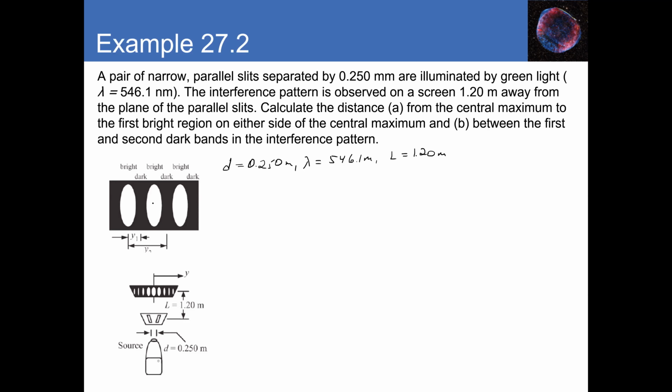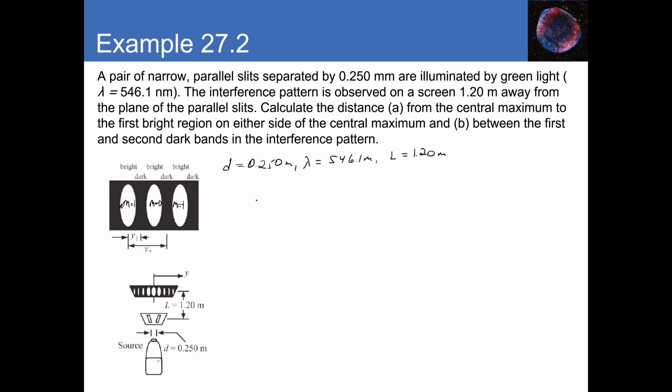Let's say this is the central one, m equals 0. Then what I want here is m equals 1 or m equals minus 1. This is for a bright fringe, so I will have m equals 1 on either side. That means I want the distance from the central maximum to the first bright fringe, and the distance from the central maximum to the other bright fringe, at the bottom, is exactly the same.